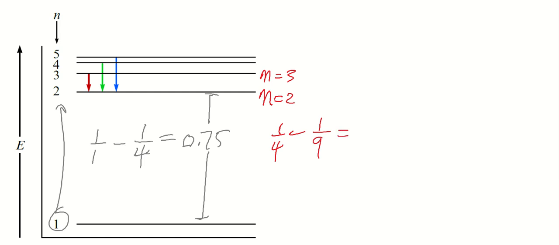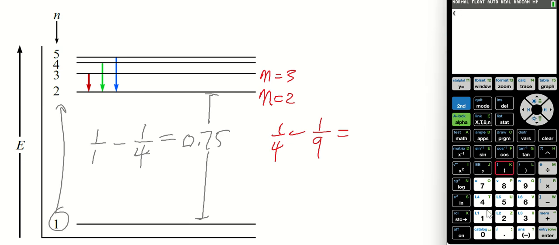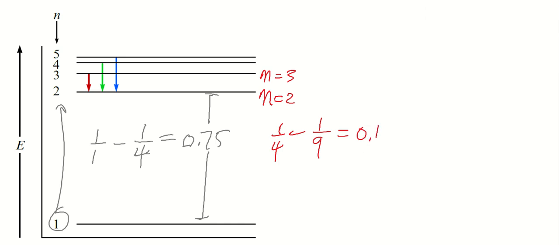I'm going to need a calculator. 1 over 4 minus 1 over 9 gives something much, much smaller: about 0.14. So that is that distance.